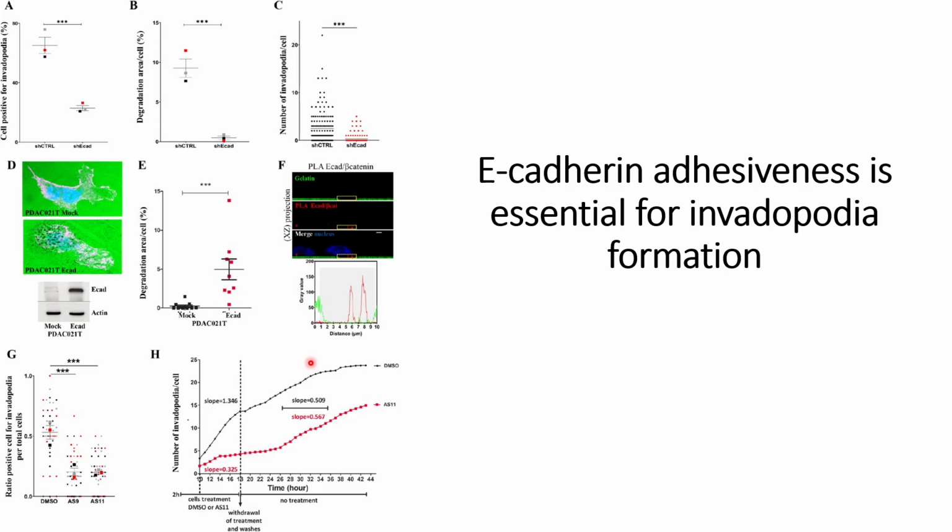After 8 hours of latency, the slope of the control is around 0.509, and the slope for the previously E-cadherin inhibitor-treated cells is around 0.567. This indicates that the effect of these inhibitors is reversible, and that the interaction of E-cadherin and beta-catenin plays a role towards these invadopodia formations.